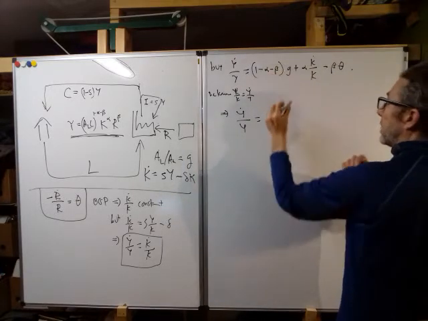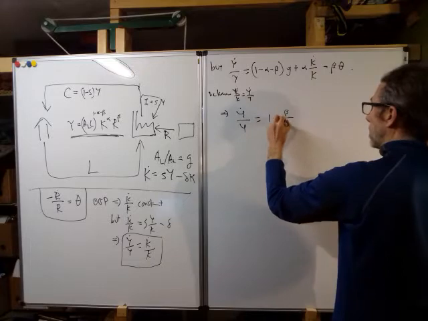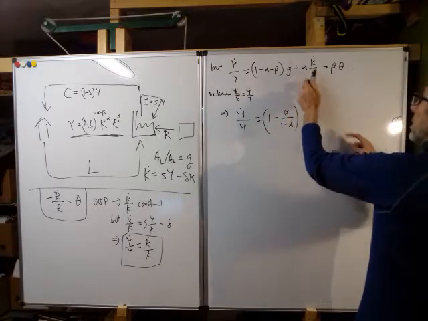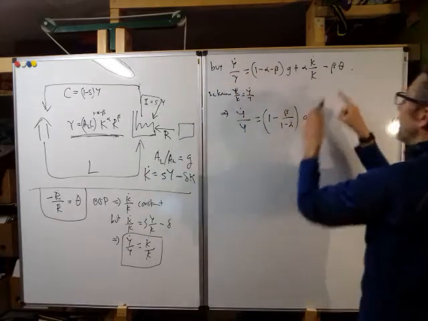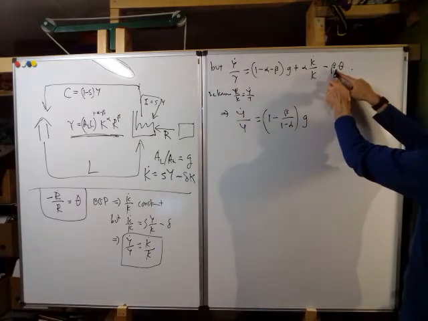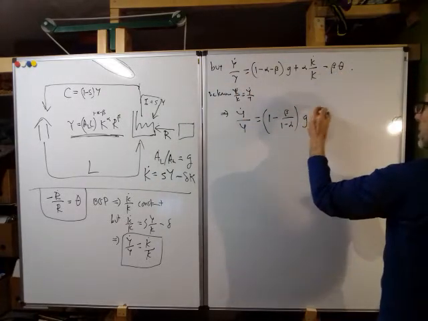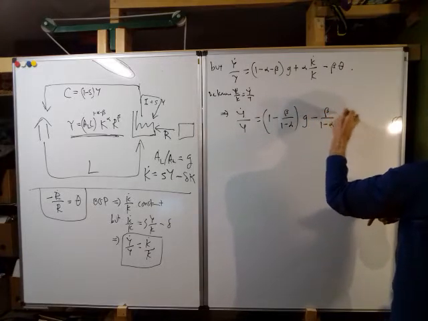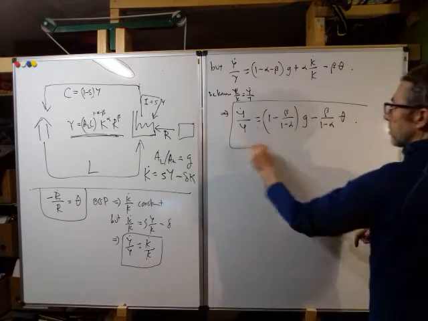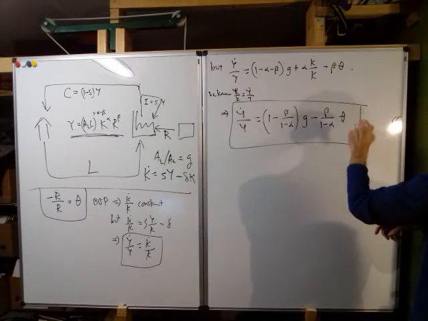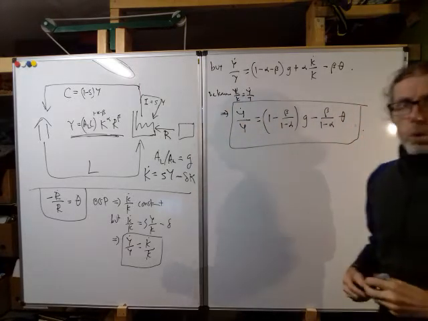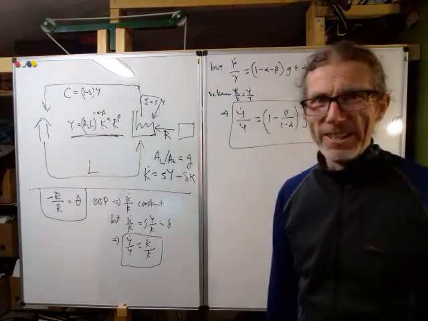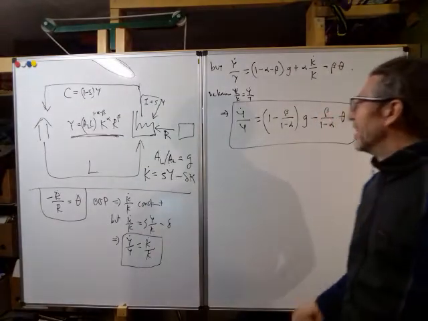And this over 1 minus alpha is 1 minus beta over 1 minus alpha G, that one we shifted over and then divided, so that's gone. And minus beta over 1 minus alpha theta. Okay, so you can do this super quick if you know what you're doing. It's not that hard.